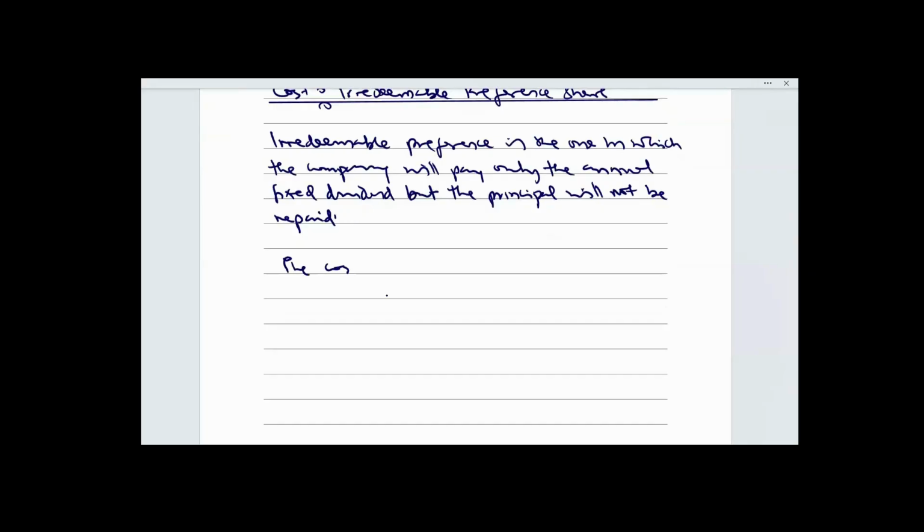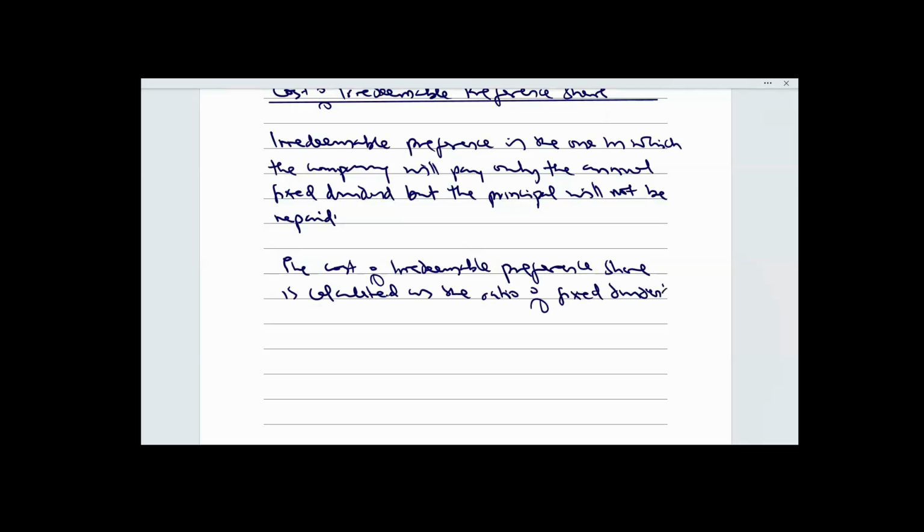The cost of irredeemable preference share is calculated as the ratio of fixed dividend to ex-dividend share price.